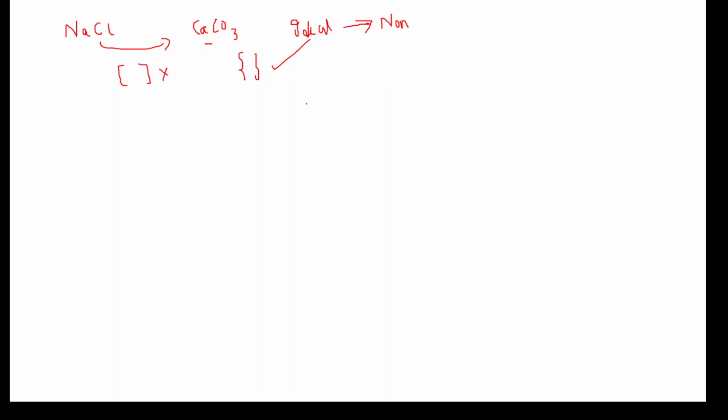Okay, coming to common ion effect. Second is common ion effect, CIE. So for example, we have CaCO3.